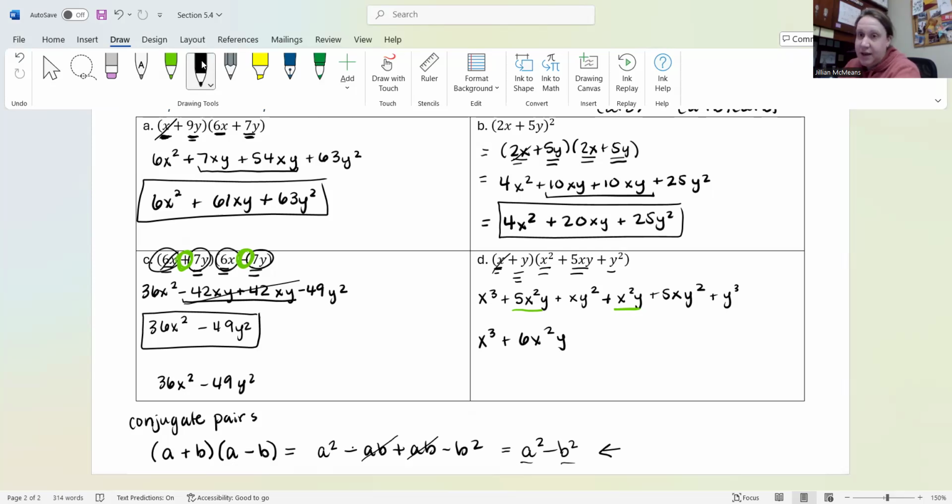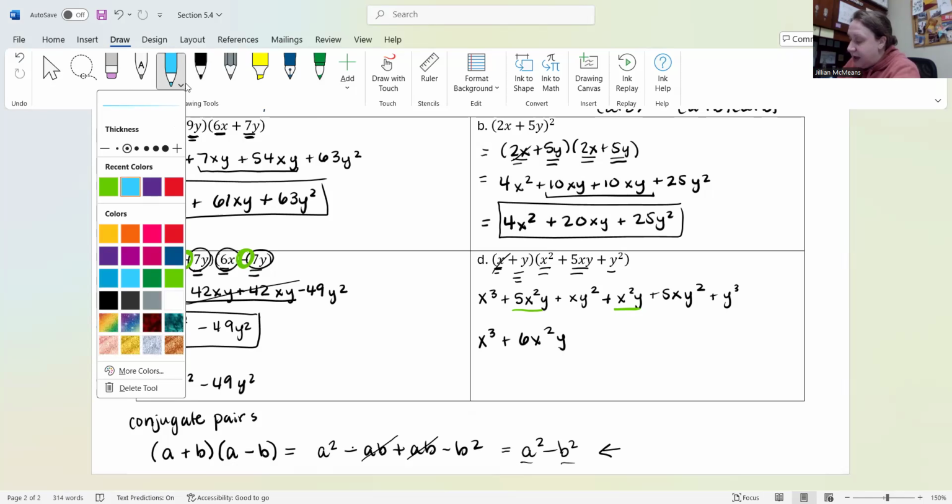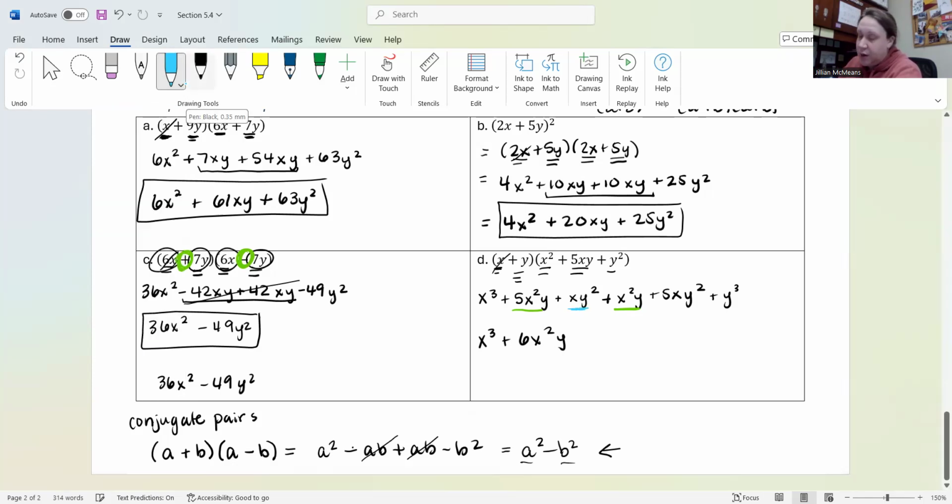And then I want to take that variable that shows up first, which would be the x, and I want to take it all by itself. So if I have x to the first power anywhere, I'm going to write those terms next, and we do. We have x to the first times y squared, and then x to the first times y squared.